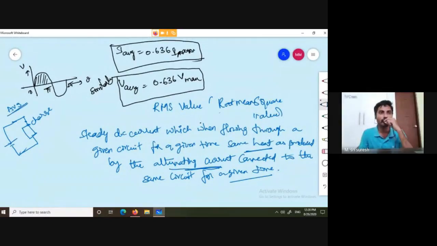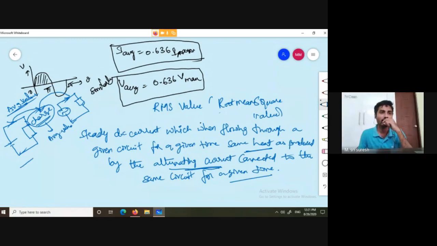This is considered as the average value. The steady current passing through this particular circuit produces some amount of charge. You connect the same circuit to an AC source, so that alternating current passes through the circuit and generates some amount of charge, which is equal to the charge produced by the DC source. That value is called the average value.